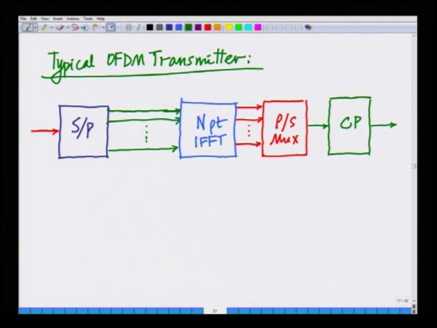So, this serial to parallel is a demultiplexing operation, that is, you make a block of symbols, you take the N-point IFFT, you take the parallel to serial and you add the cyclic prefix.